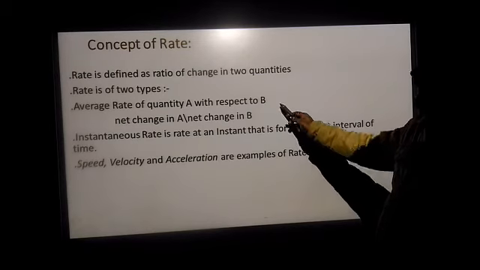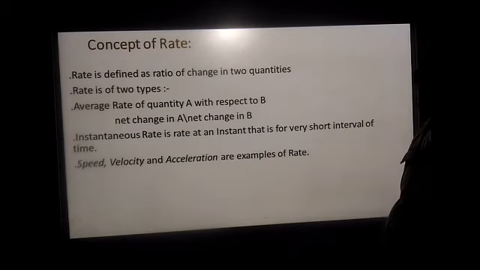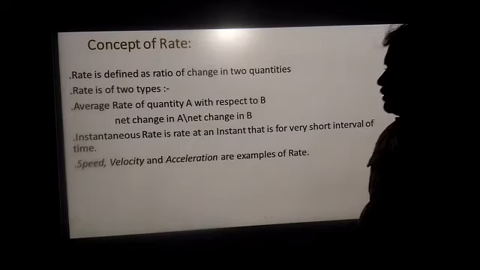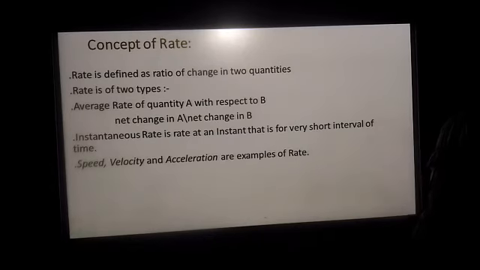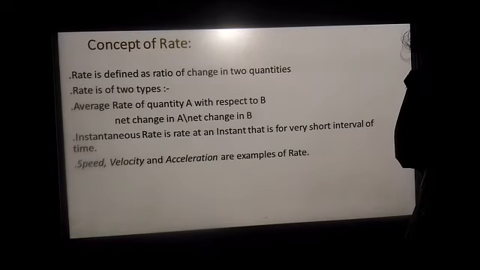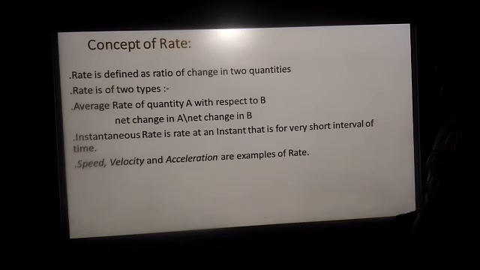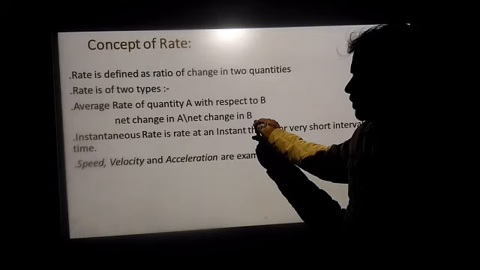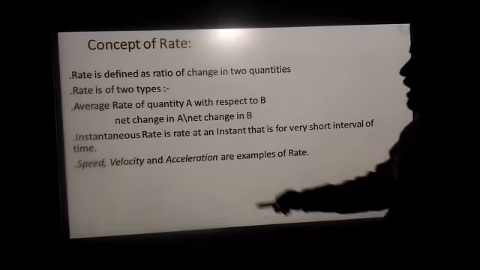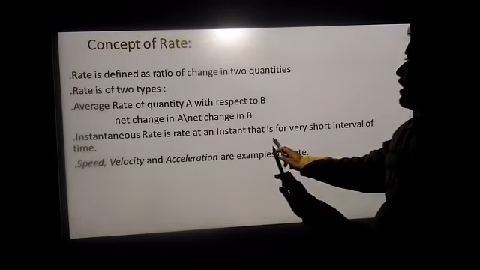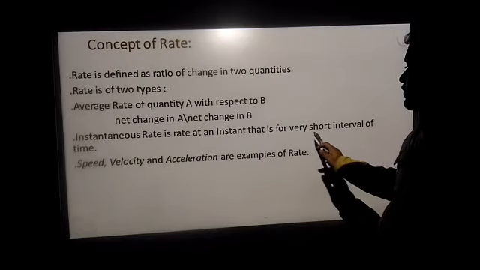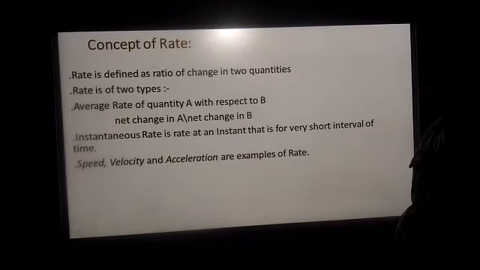First is the average rate of quantity A with respect to B, or net change in A upon net change in B. The second one is the instantaneous rate. What is instantaneous? It is the rate at an instant, that is, for a very short interval of time.